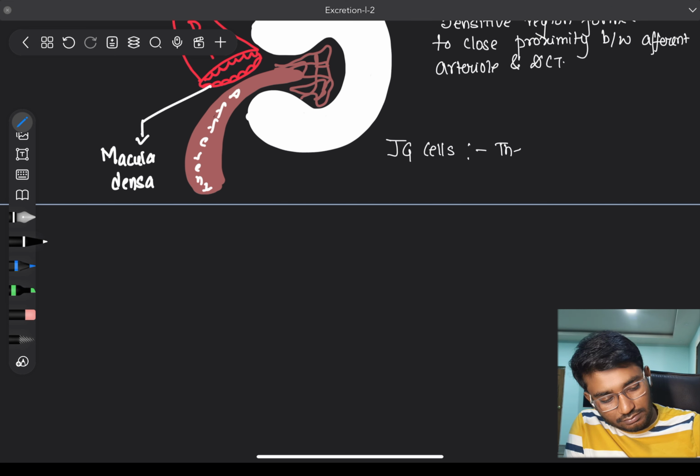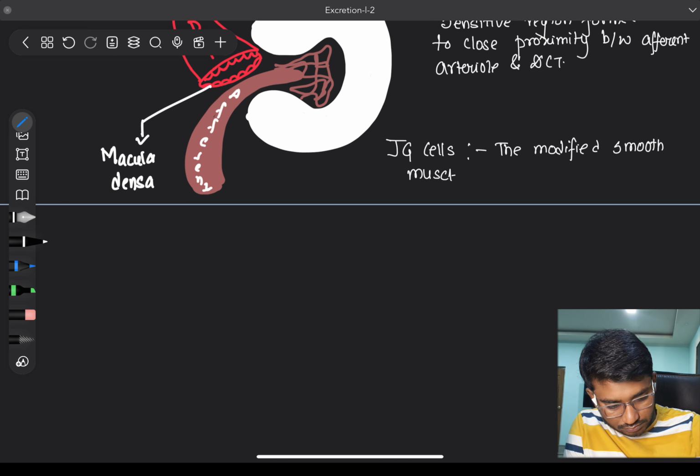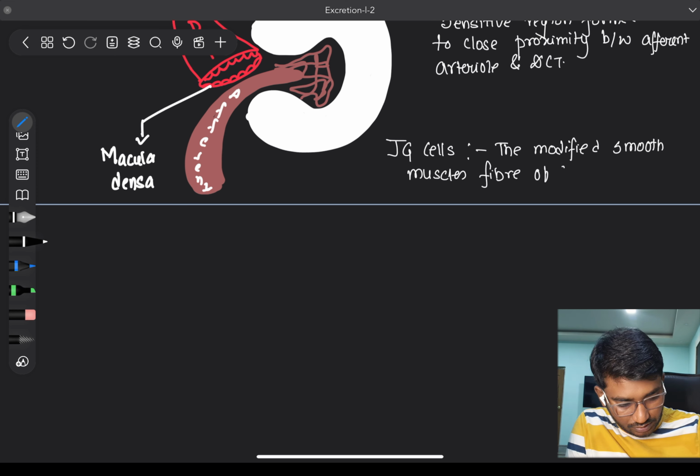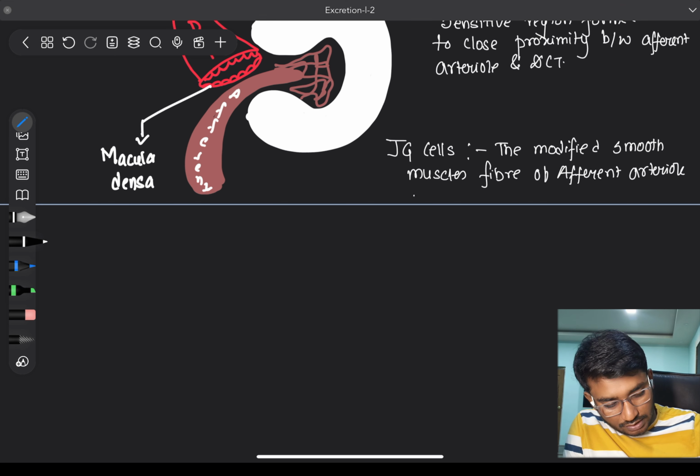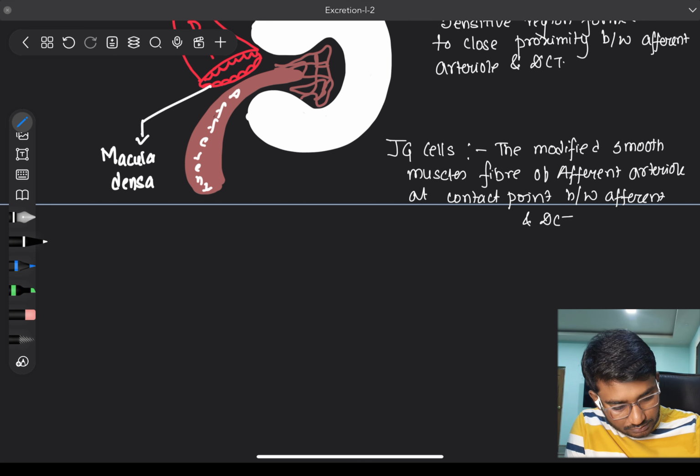Here the JG cells, that is the juxtaglomerular cells, are the modified smooth muscle fibers of the afferent arteriole at the contact point between the afferent arteriole and DCT.